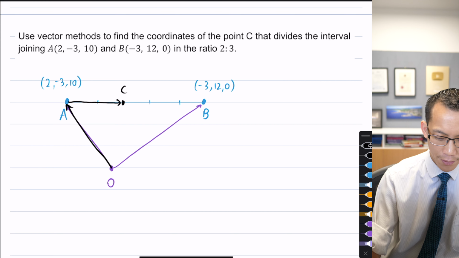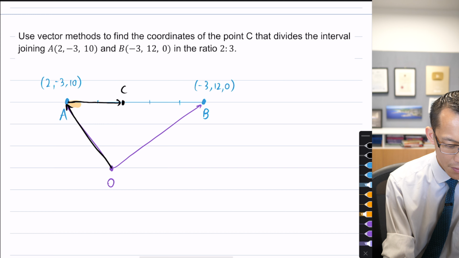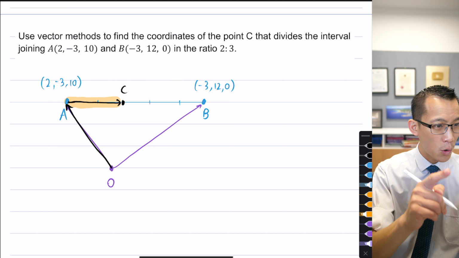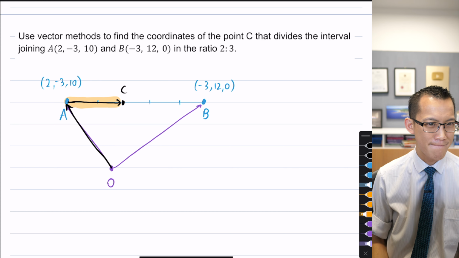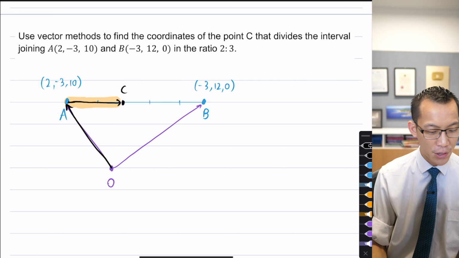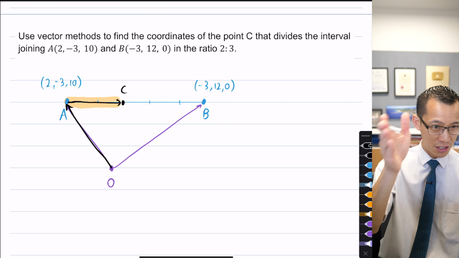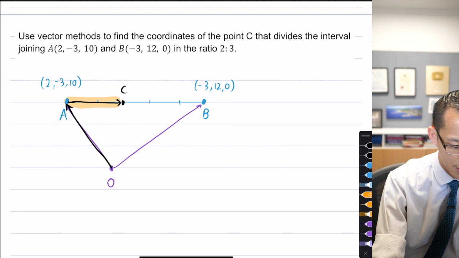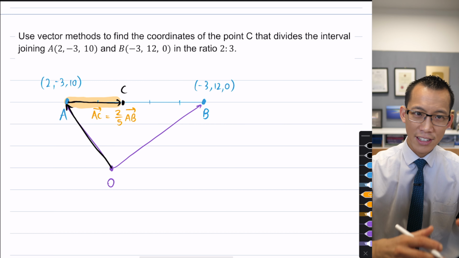I can think of going from A to C, this vector here, as some fraction of going from A to B. Now the question for you is, what fraction is AC? 2 and 5. Yeah, that's right, because we just mentioned that it's 5 equal sections, and to go to C it's only 2 of them. So really the vector AC is equal to 2/5 of AB.